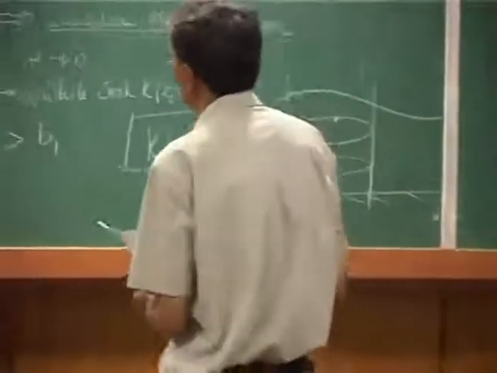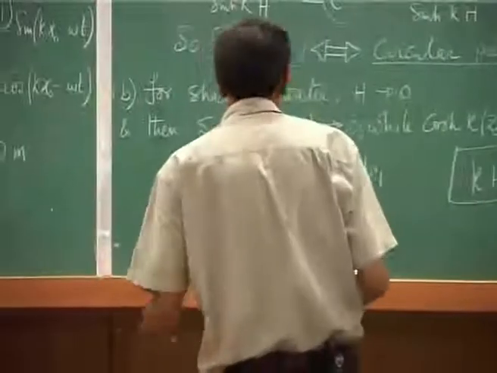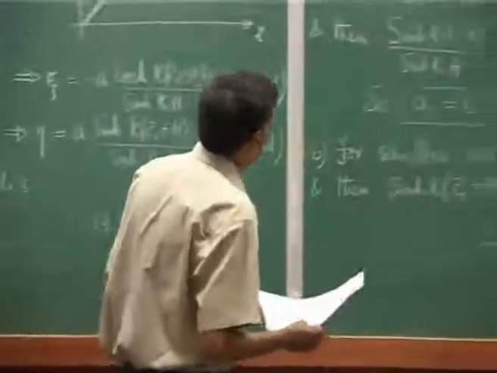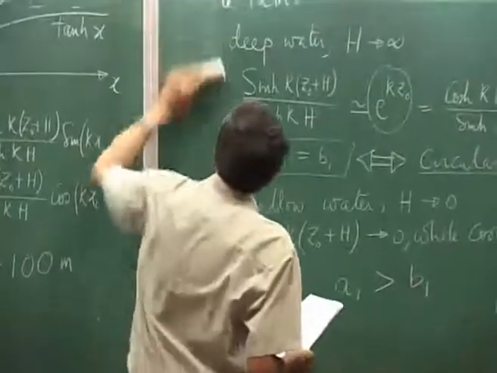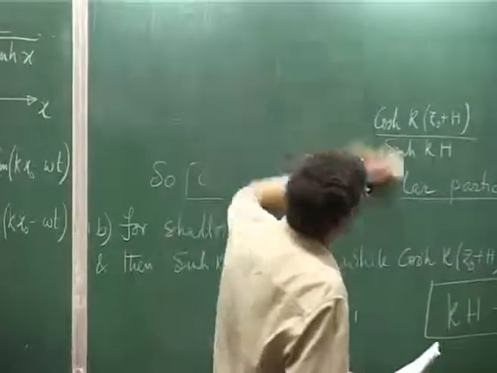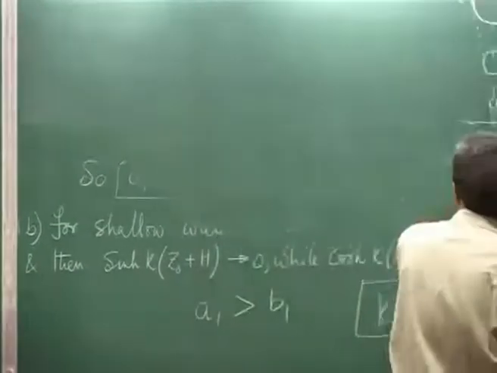Now, what you can do is define the pressure fluctuation. What do I mean by pressure fluctuation? It is the departure of the pressure from the undisturbed value of the surface.